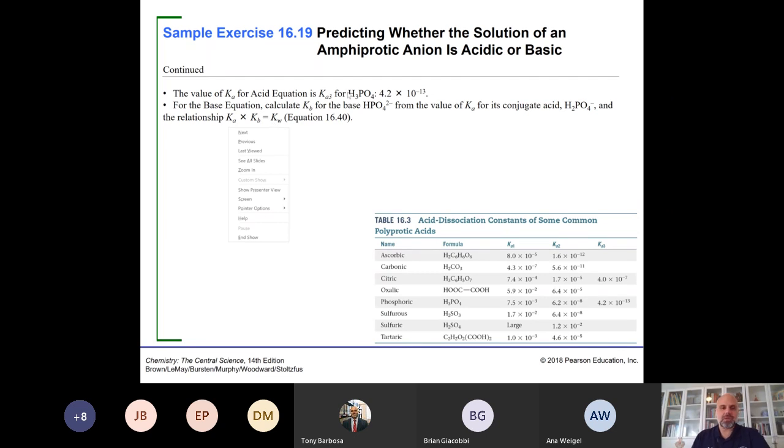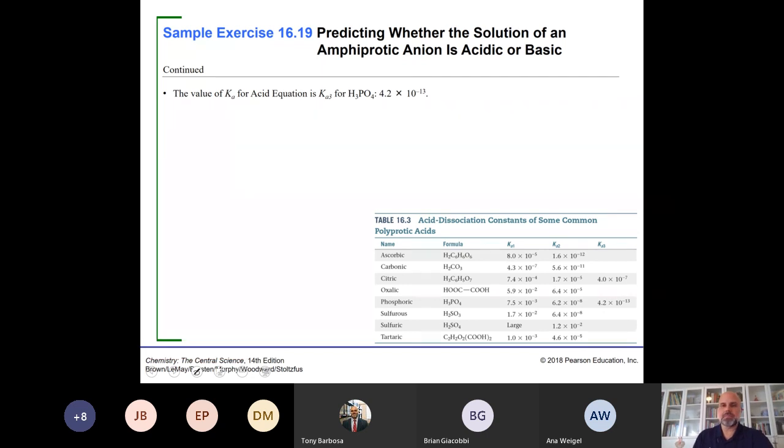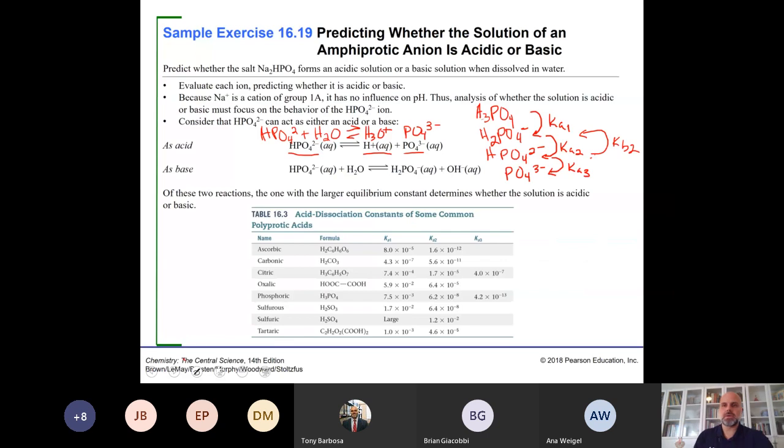Now I want to point something out to all of you. If we go back a slide, we're trying to determine what this Kb2 is here. And recognize what we're doing on the next slide. We need to look at the conjugate acid of this, because the HPO4 2 minus is acting as the base.